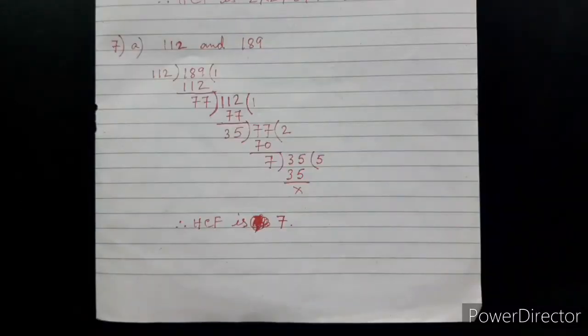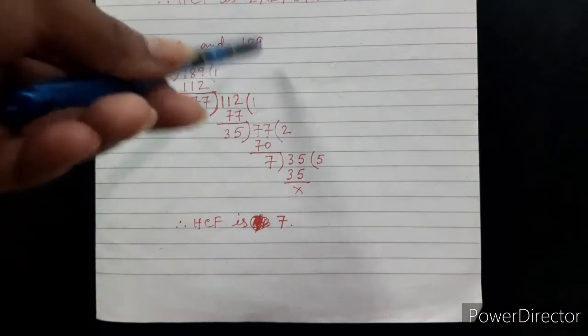Number 7a. Find the HCF of the following numbers by using division method. So, we have to use division method here to calculate the HCF. First sum 7a. Find the HCF of 112 and 189.